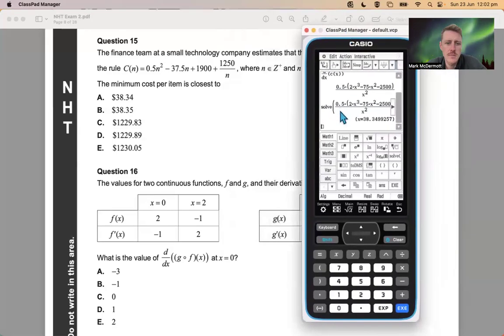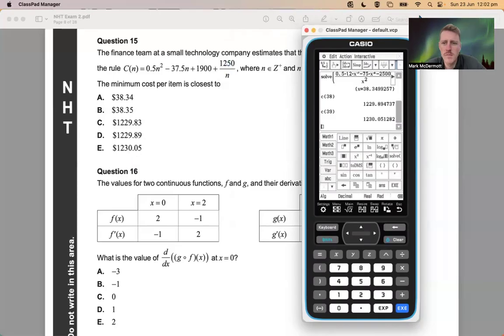Which one do we pick? Okay, let's just check both. Let's do C of 38. 0.89 we get, and then if we do C of 39, so we've got to choose between option D and E.